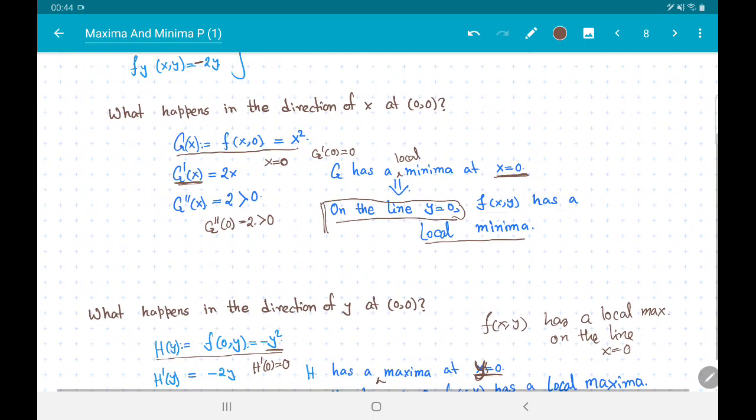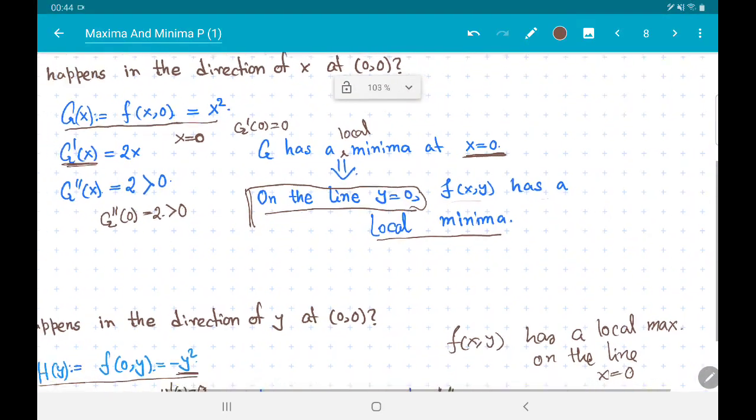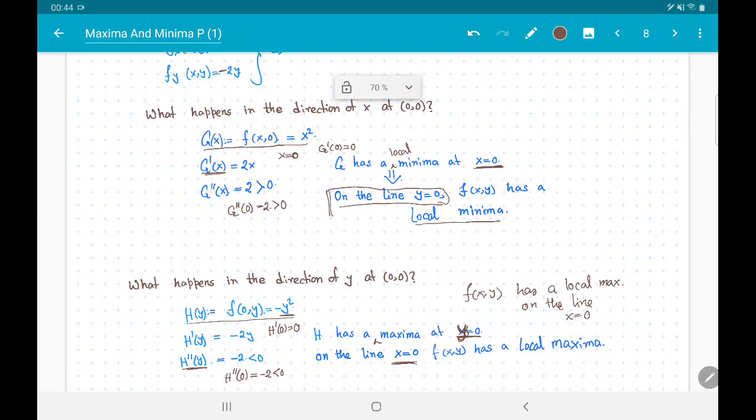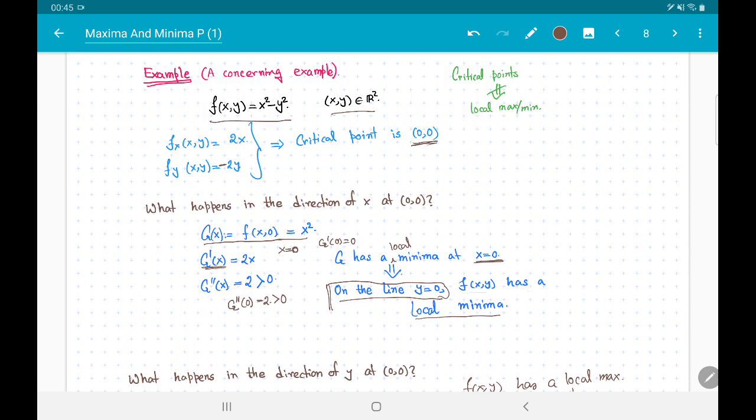If you could somehow imagine what is going on in pictures, you could see that as we look in the direction of the x-axis, the function f has a local minima, and if we look in the direction of the y-axis, then f has a local maxima. And this is a very complicated situation for us. This is why I call it a rather concerning example, but this occurs.